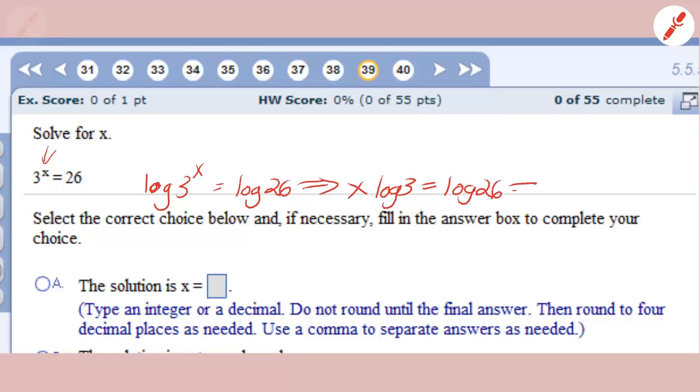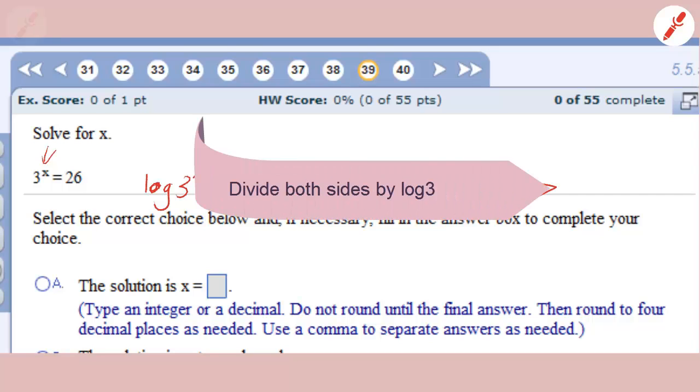So, that's an arrow, believe it or not. X equals the log of 26 over the log of 3. And I can now put that in my calculator.